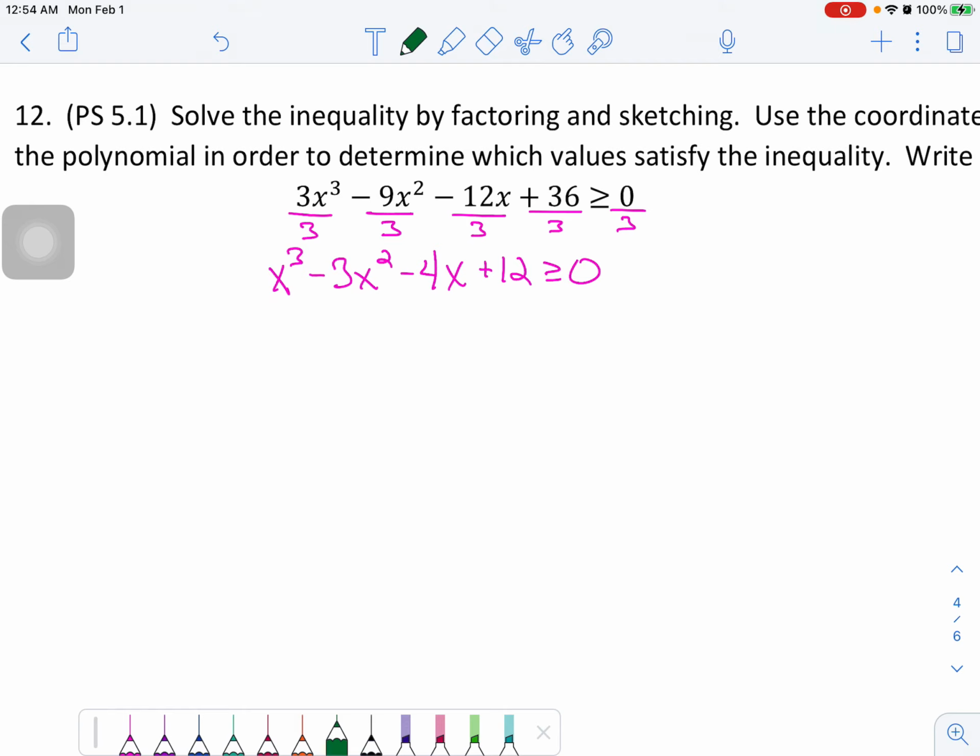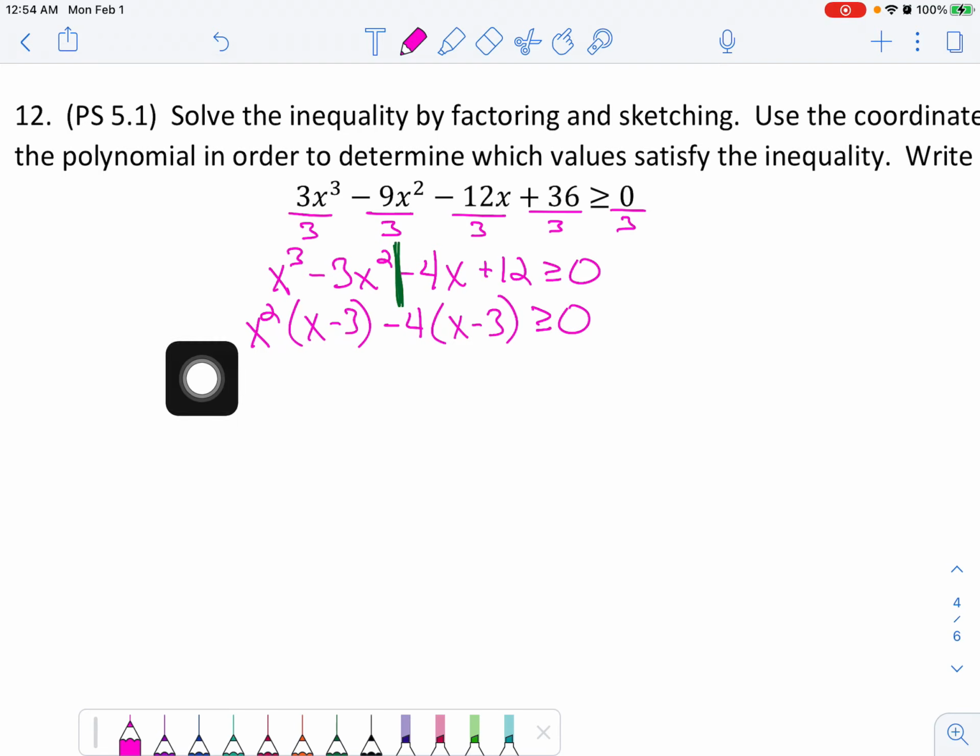So now that I've got it much simpler, I'm going to go ahead and split it and factor by grouping. My first two terms have an x squared in common. X minus 3 is left over. My second two terms have a negative 4 in common. X minus 3 is left over. The x minus 3's match, so I'm going to factor that out.